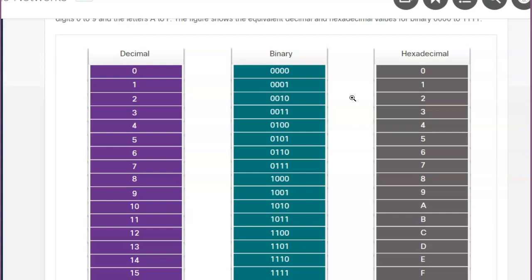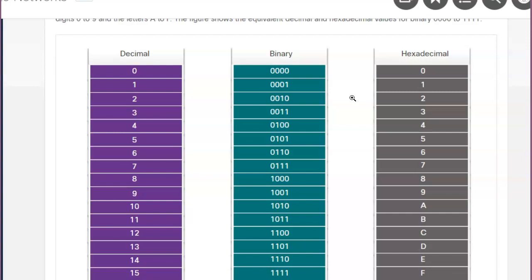And each one of those has a binary relationship, the same as with binary or decimal, if you want to think about it that way. It still has the same value. It still has positional value, but now it has A through F added to get you from 10 digits to 16 digits.